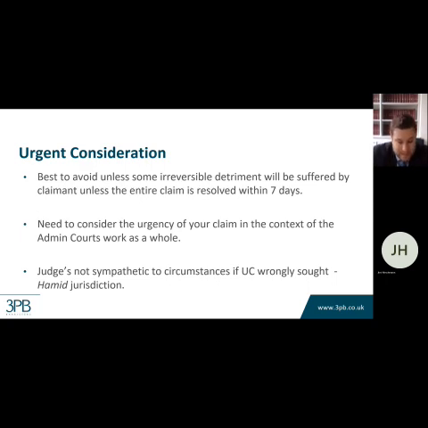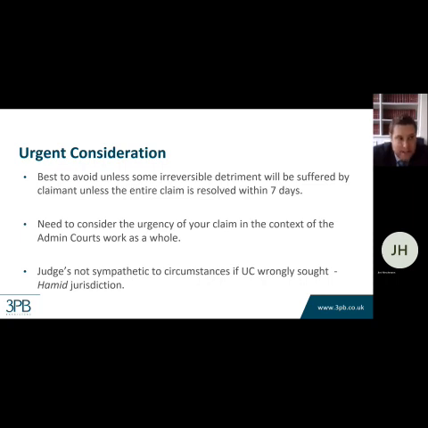One other aspect of judicial review procedure that is worth considering is urgency. Judicial review, in many contexts, is used as an extremely effective way to have a court make a decision quickly.